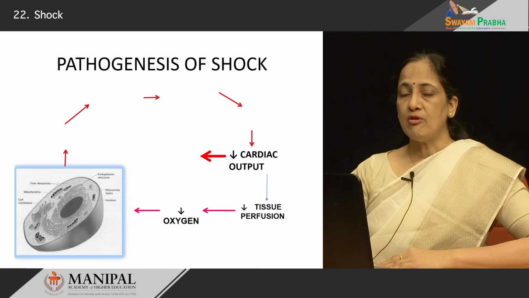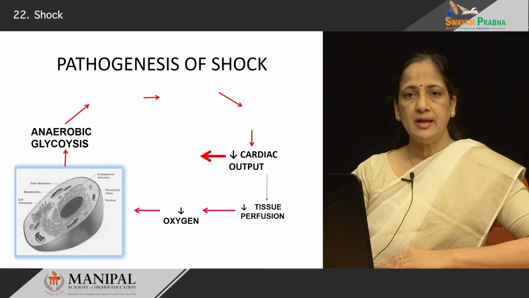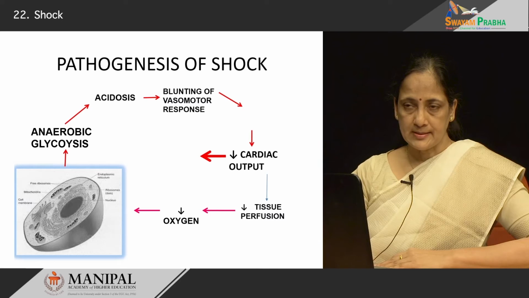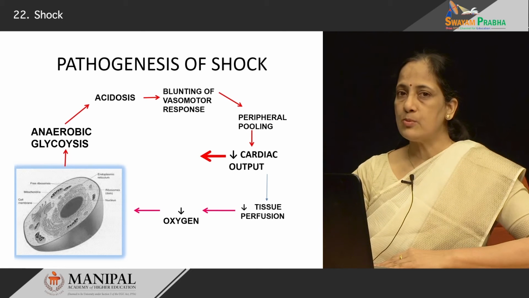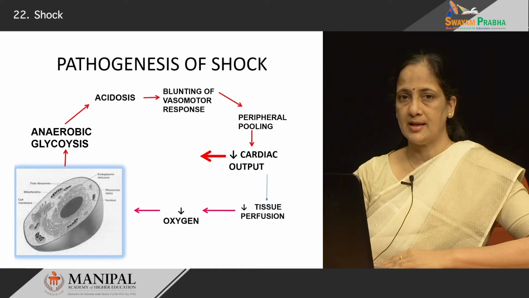There is another small factor acting in the pathogenesis of shock. Whenever anaerobic glycolysis occurs and acidosis results, we find that there is a blunting of vasomotor responses, and therefore this will result in blood pooling in the peripheral circulation.